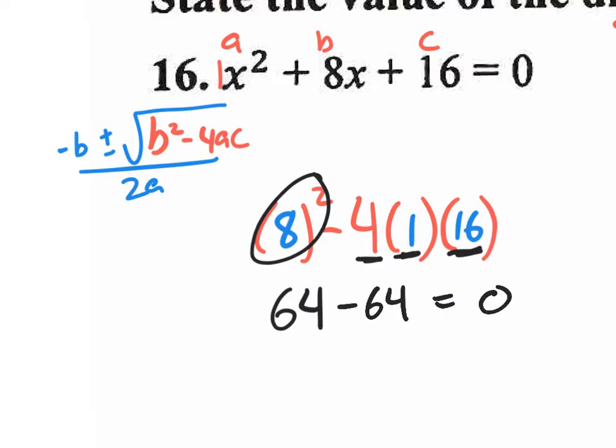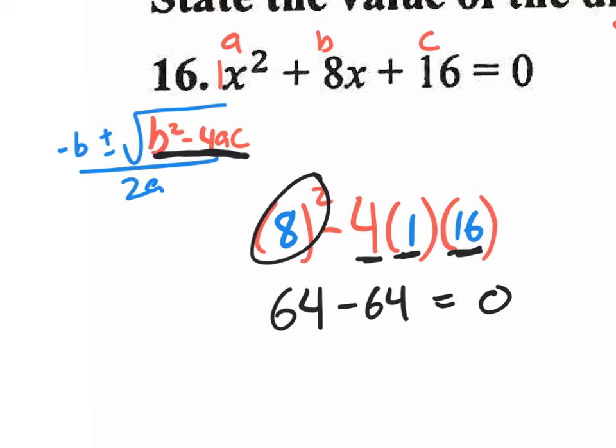Now, according to our notes, if the b squared minus 4ac equals 0, how many answers do we have? This 0 is really the b squared minus 4ac on this particular problem, right? Now let's pretend that I were to work out this whole quadratic formula, but I have a 0 in here.